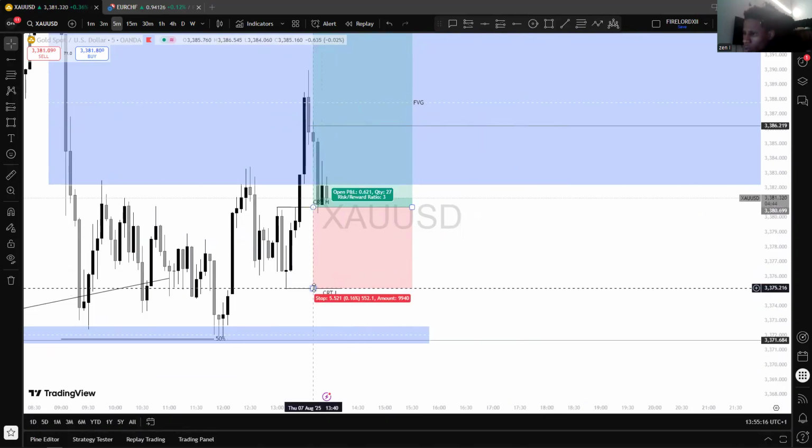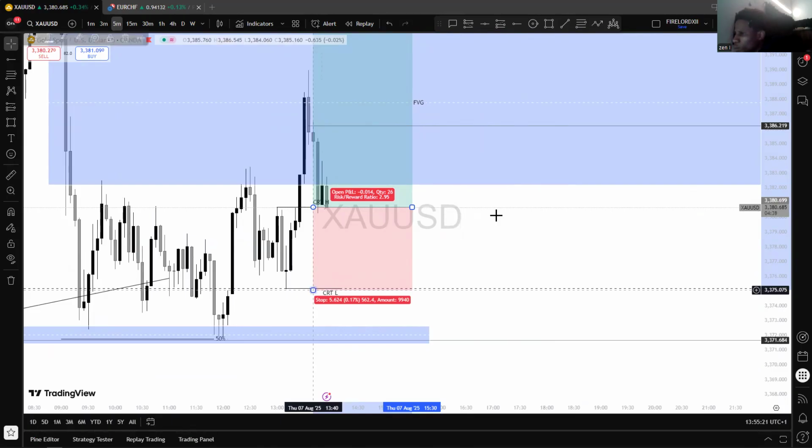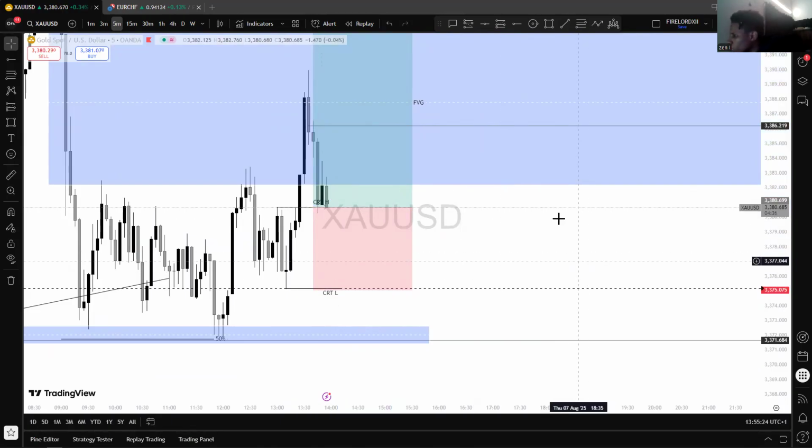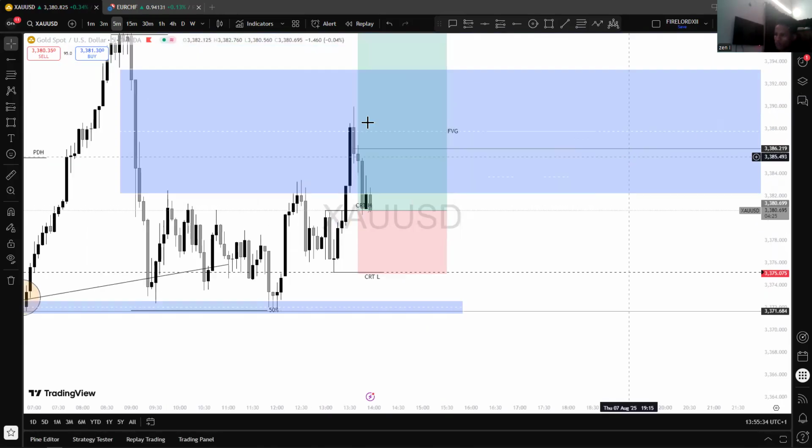So our SL will be just a little bit below, but still maintaining that 50 pips thing, 80 to 75. Anything can happen because, like I mentioned earlier, there is a fair value gap here that price tapped into.